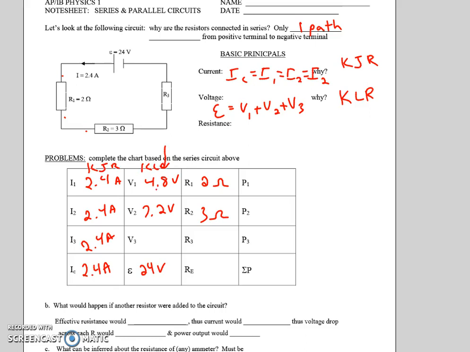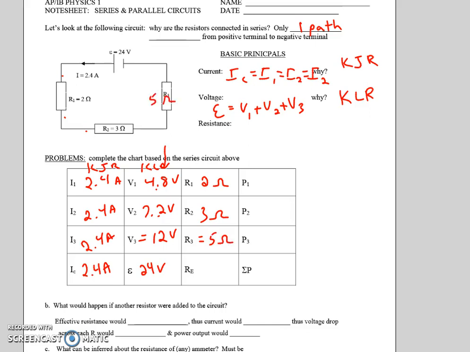So we know that this plus this has to add up to that. V1 and V2 are 12, so V3 must be 12 volts because 12 plus 12 has to give us 24. Now that we know that V3 is 12 volts and the current is 2.4 amps, we can divide the two and we get R3, which is 5 ohms.